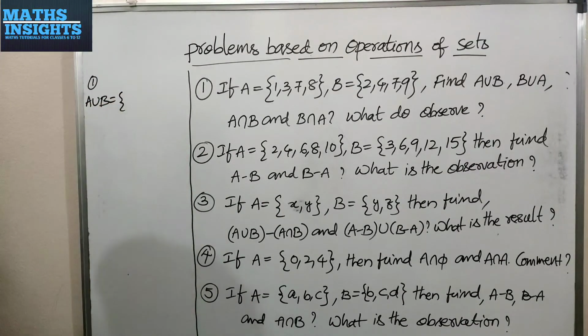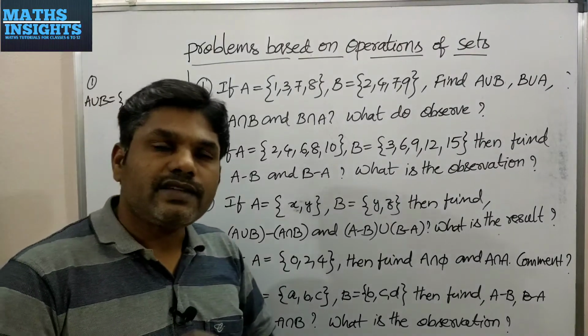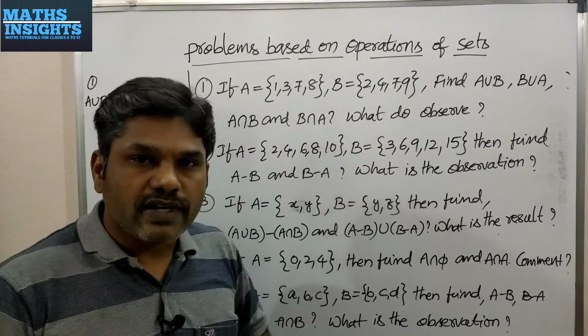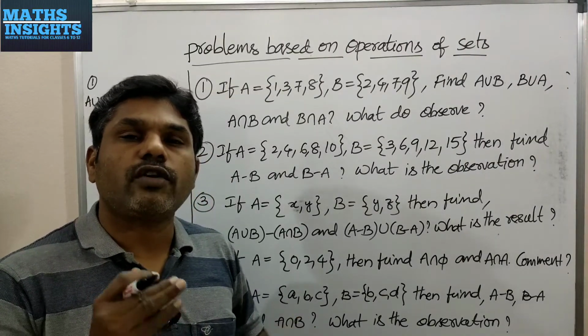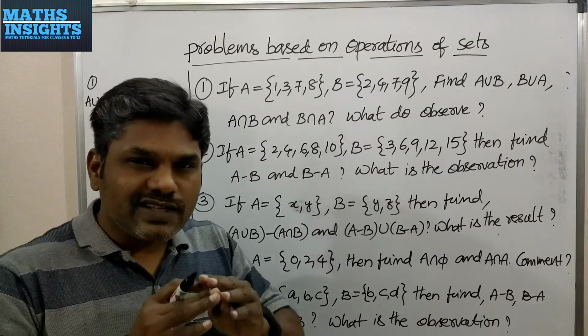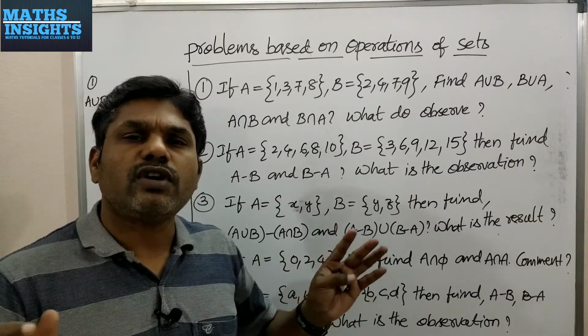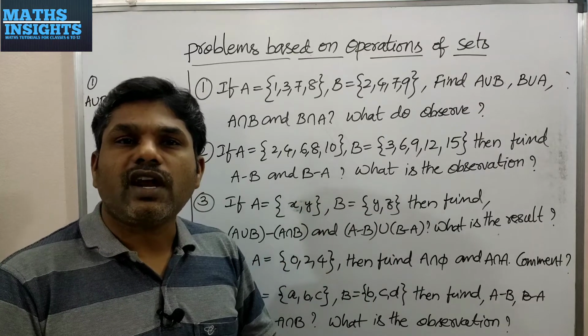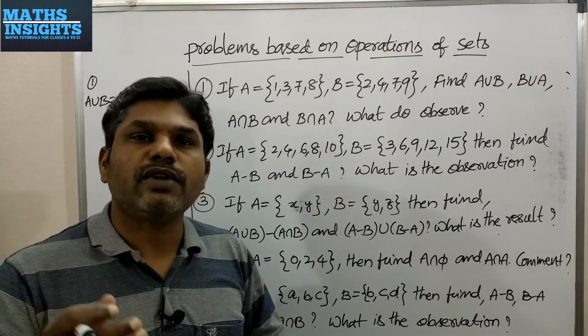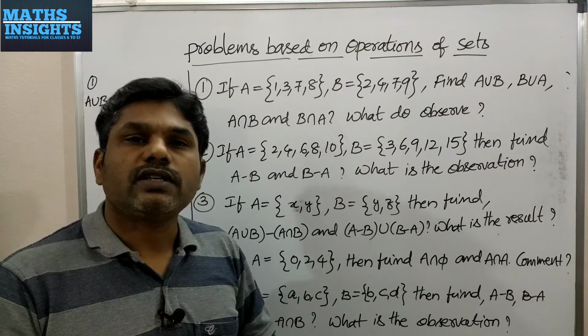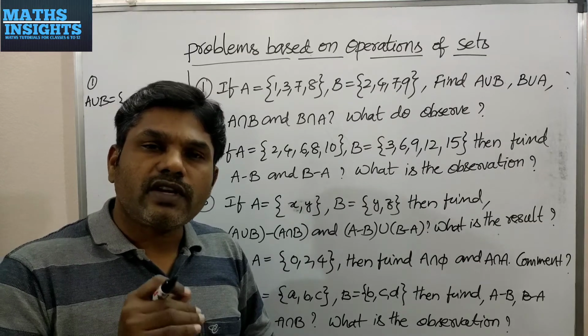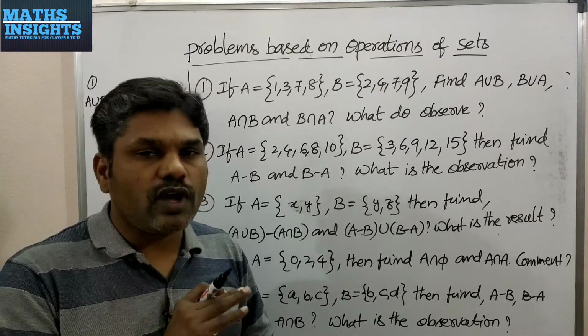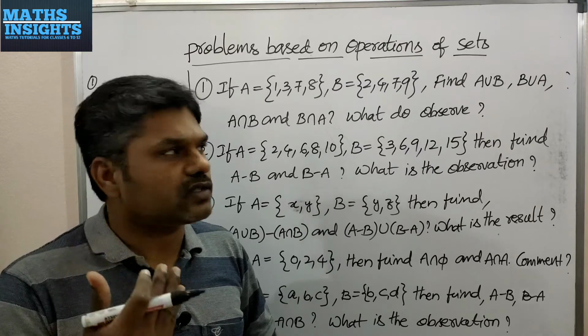You know A union B is a set which contains the elements of either A or B or both. This is nothing but you have to combine both A and B and write all the elements of A and B. But every element should be written only once. No element should repeat more than once.